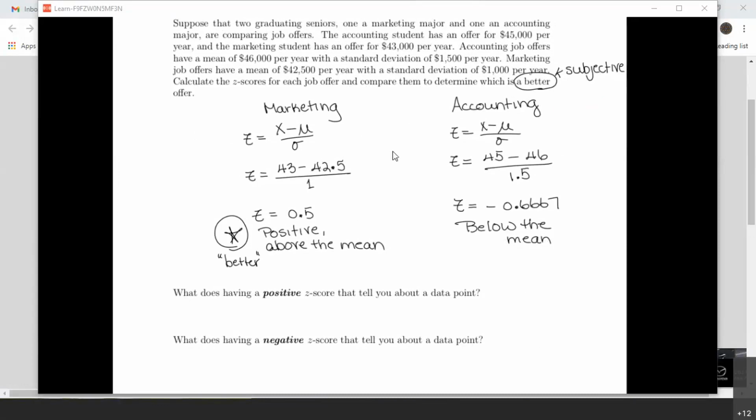We're saying that based on the population they're from, even though this offer has a dollar value that's higher, this one is positioned higher in its population. Everybody understand that z-score is a measure of position.